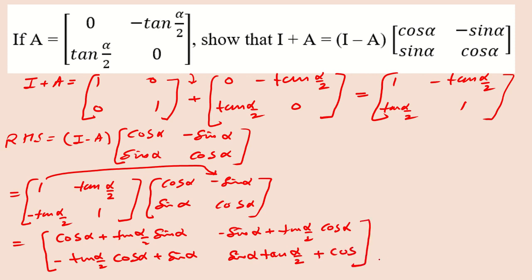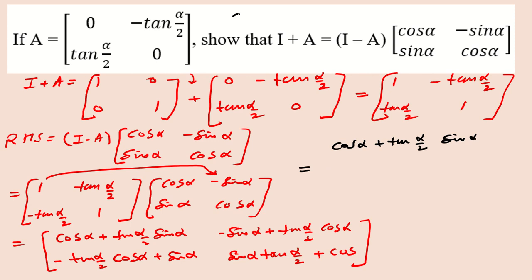Okay. Now you see here there is no space to write all these big expressions, so I am just calculating only one expression, so that you can understand it easily and then you can continue with the question. See, for example, we have cos alpha plus tan alpha by 2 into sine alpha. So here what identity can you use?